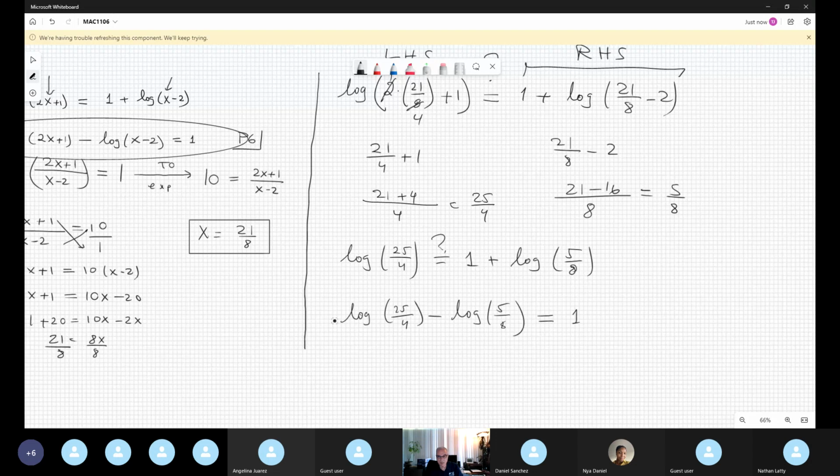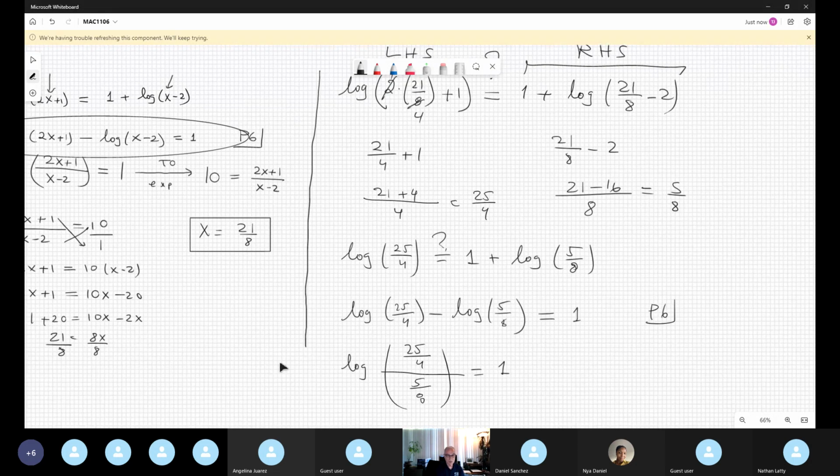Now, one more time, you apply property 6. Okay, help me to condense this into only one logarithm. But this is division: 25 over 4 divided by 5 over 8 should be 1. How do you prove that?